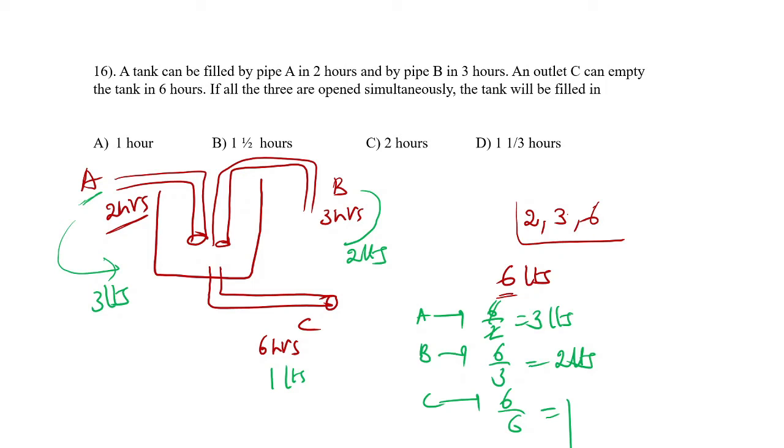Total number of liters 6. A can pass 3 liters and B can pass 2 liters per hour. And C can pass 1 liter from tank to outside. So minus 1. So finally 6 by 4 equals 3 by 2 equals 1.5 hours. Answer is option B.